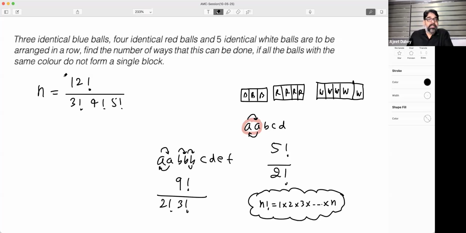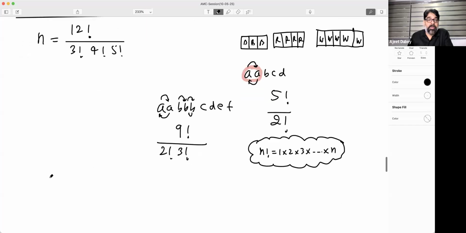Now, this is the total. What they say: if all balls with the same color do not form a single block, it means they should not be together. So what do you say?